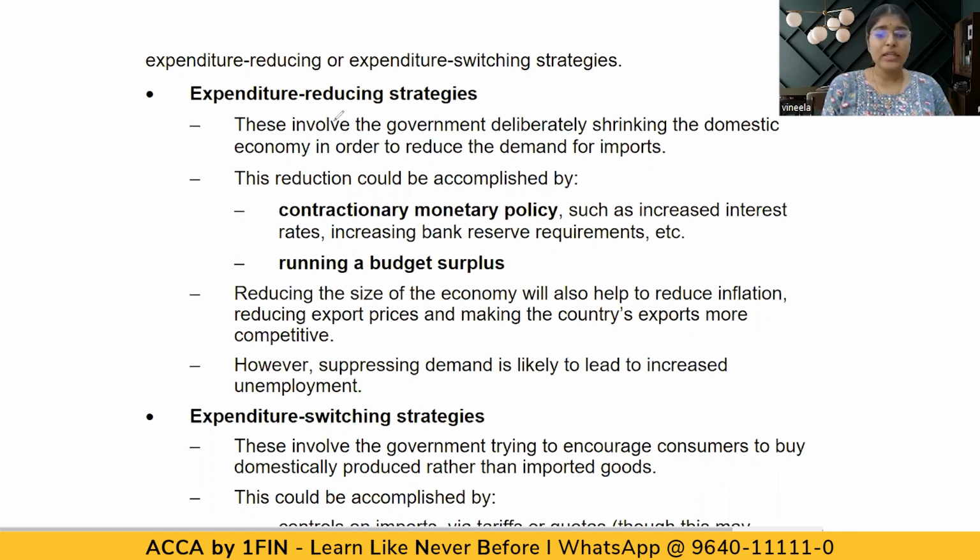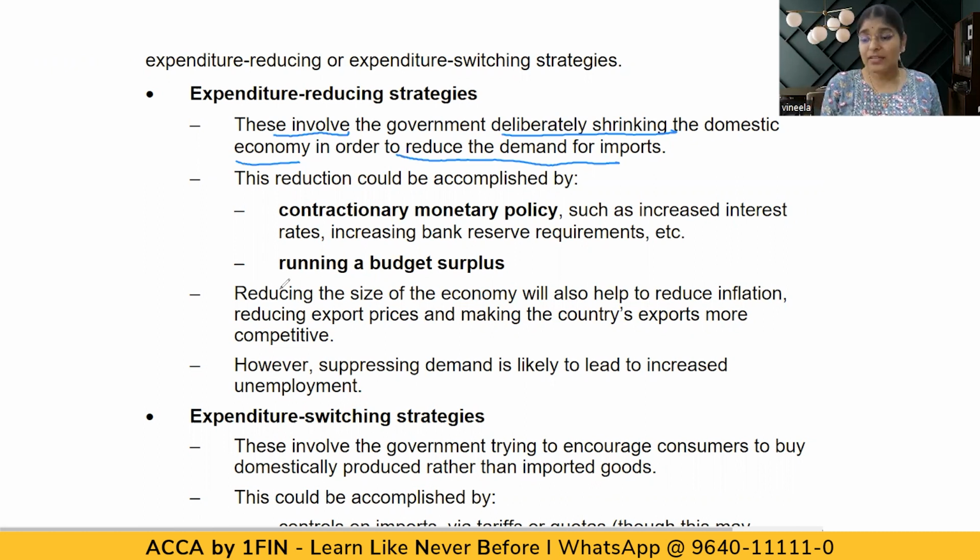How does that happen? This involves the government deliberately shrinking the domestic economy in order to reduce the demand for imports. That means as my economy is getting reduced, my purchasing power will get reduced, so I will not import more goods. As purchasing power is reducing, imports will also be reduced.